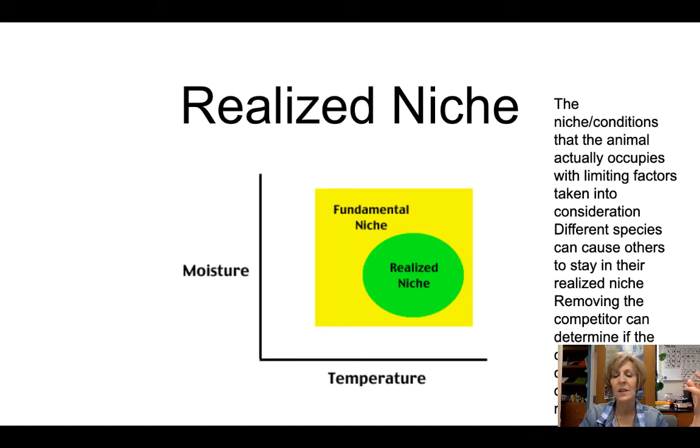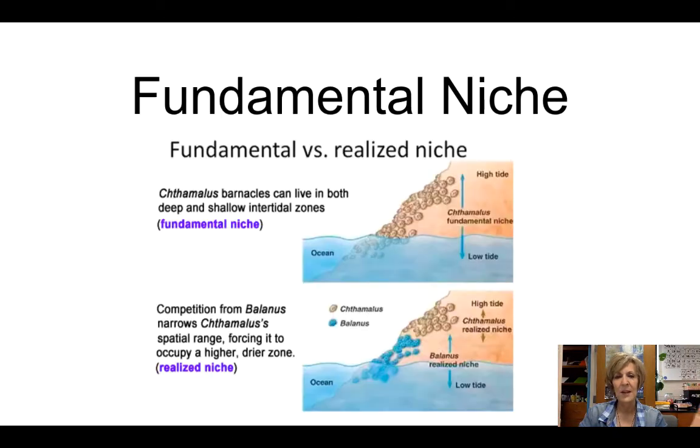Where could it have its role in that ecosystem? The realized niche is the niche that it actually has. And this could be because of a competitor, it could be because of a certain predator, and sometimes if you remove those competitors or predators, then you could see the realized niche expanding into more of the fundamental niche.